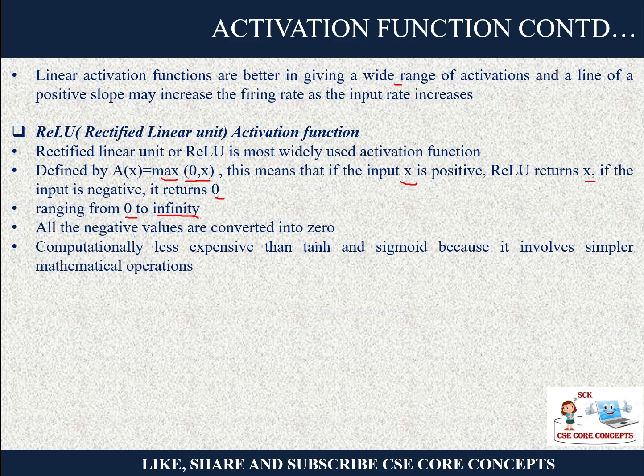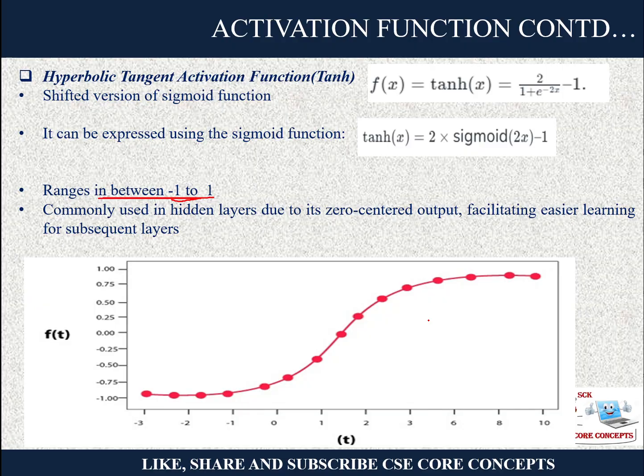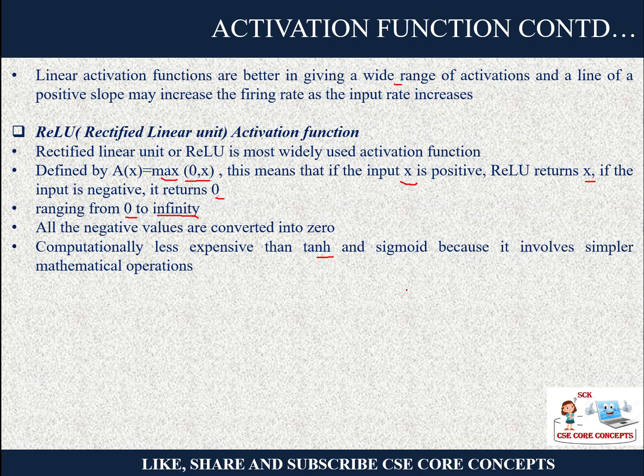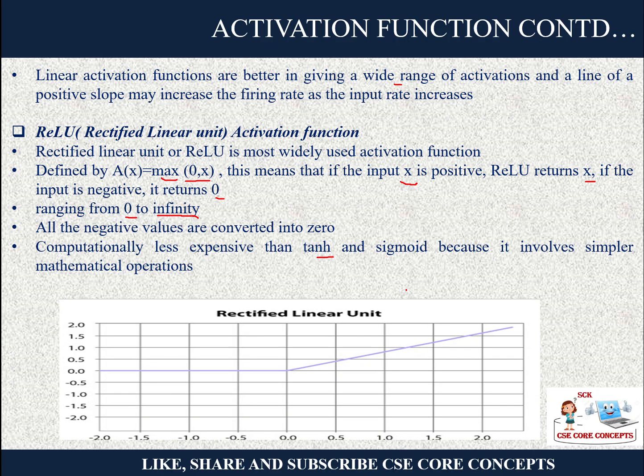It is computationally cheaper than tanh, obviously, because with tanh you have to do so much computation each time. If you have 5 hidden layers, then for each hidden layer you have to perform this computation, so the computation time is more. Whereas in case of ReLU, the computation time is less, because you just have to find the maximum function. So negative is not allowed.